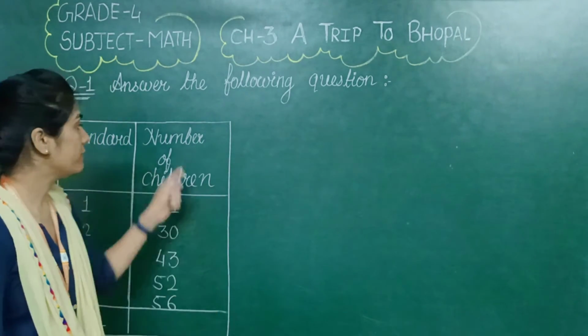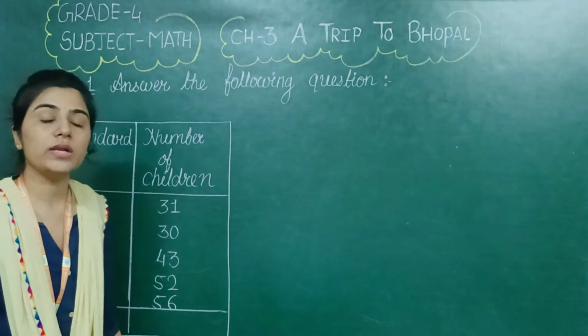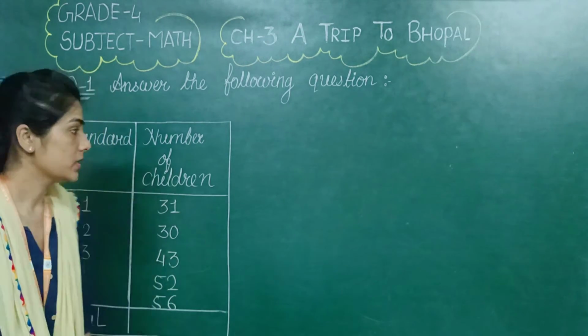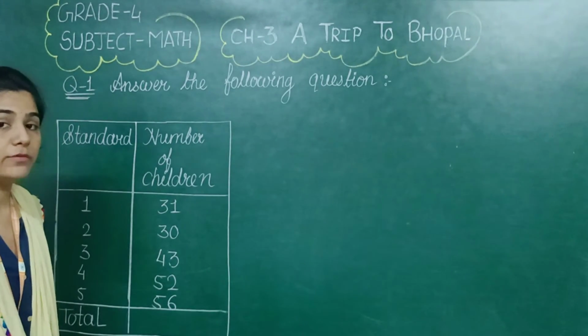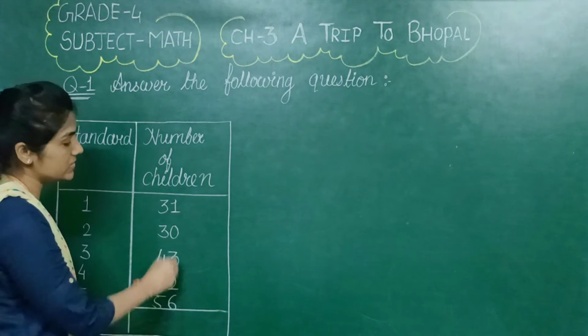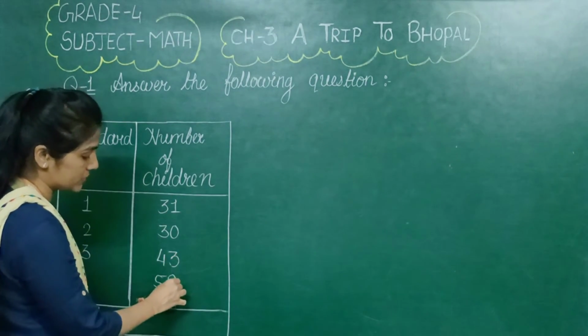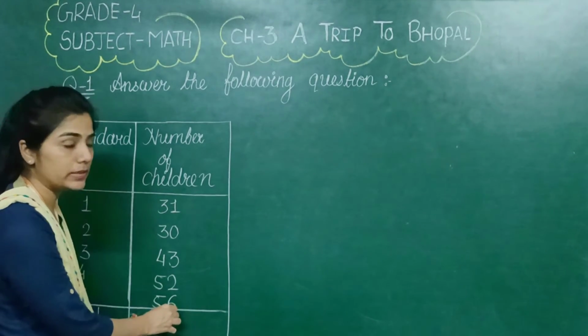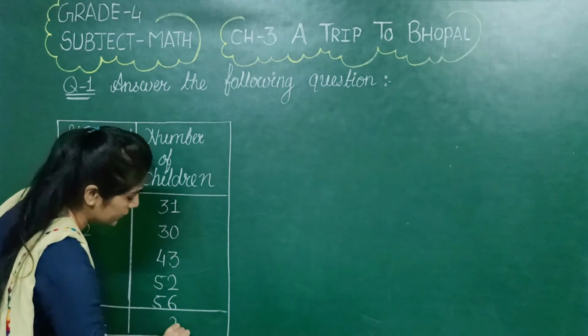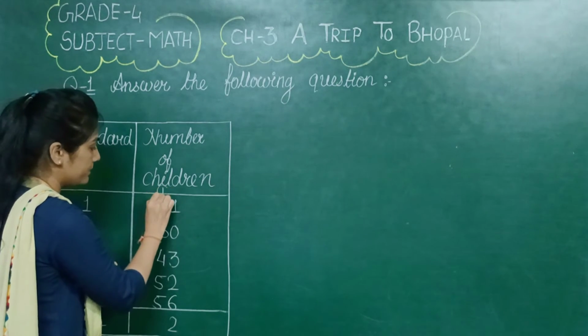That means we have to find the total number of children. You know addition, right? How to do it? Add all these numbers of children. 1 plus 3, 4; 4 plus 2, 6; 6 plus 6, that is 12. So keep 2 down, and 1 we keep as a carry.